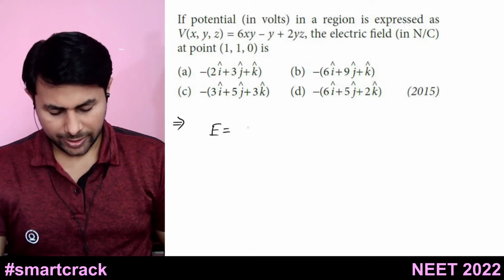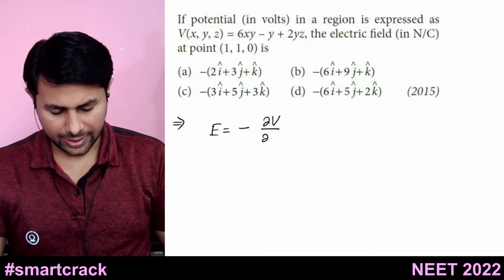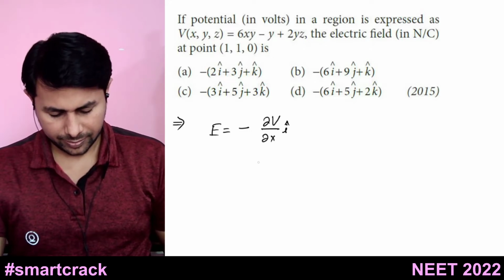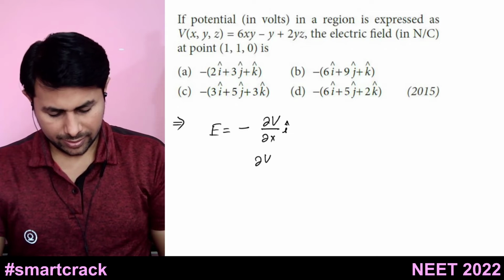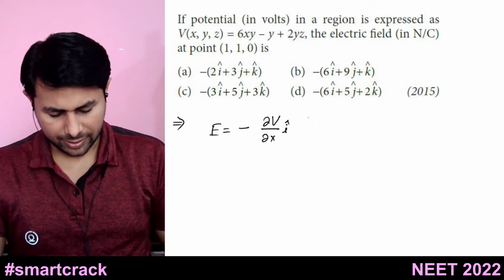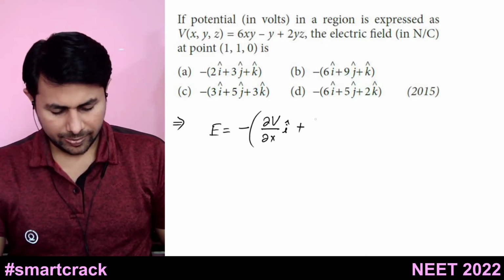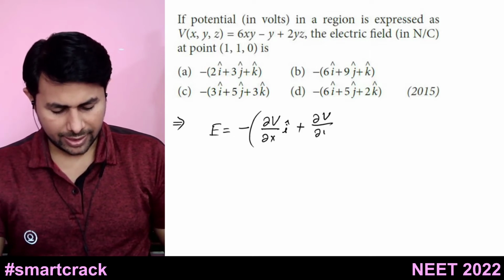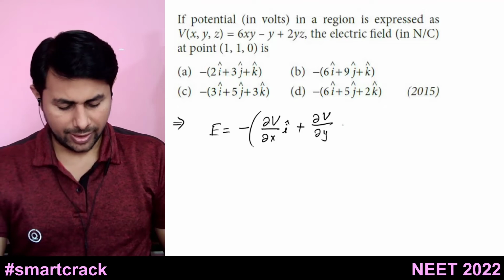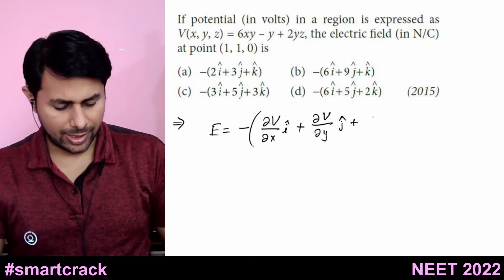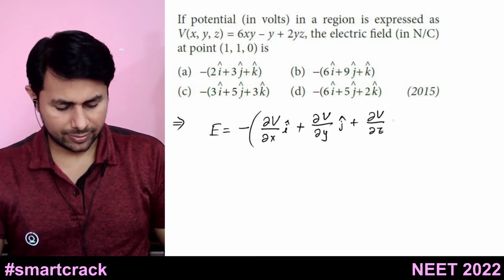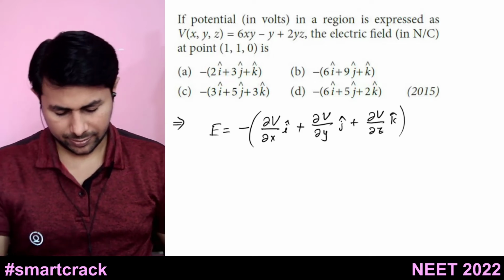The electric field is minus of del V by del x into i cap, plus del V by del y into j cap, plus del V by del z times k cap, where I have taken the minus sign common.